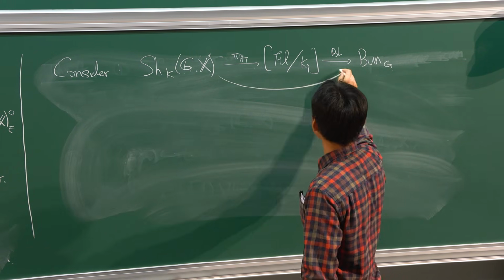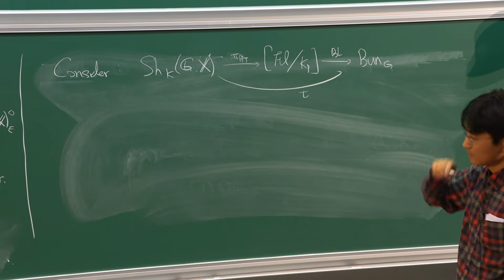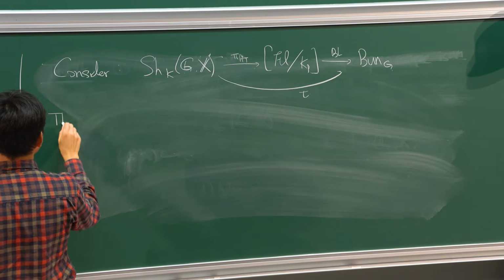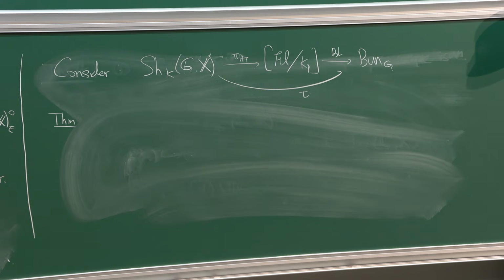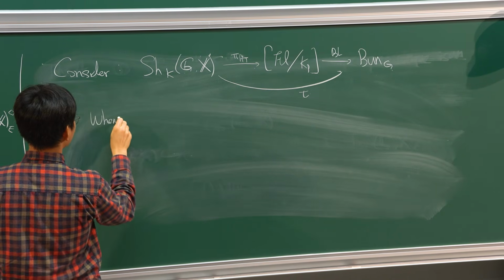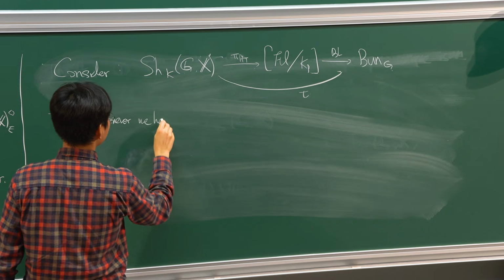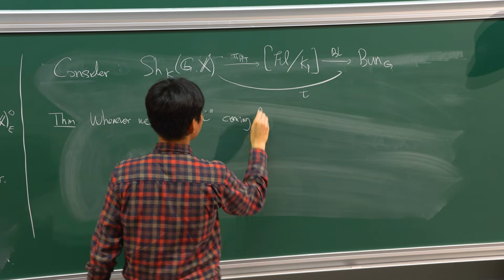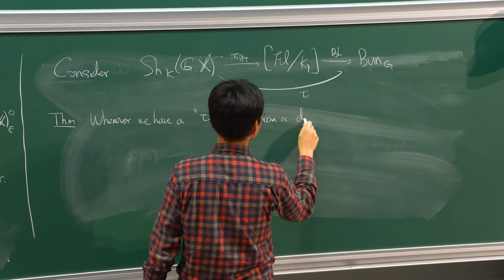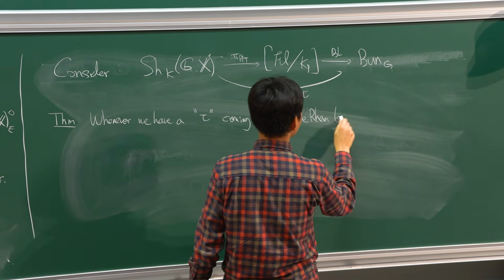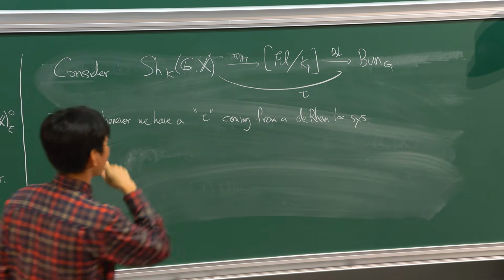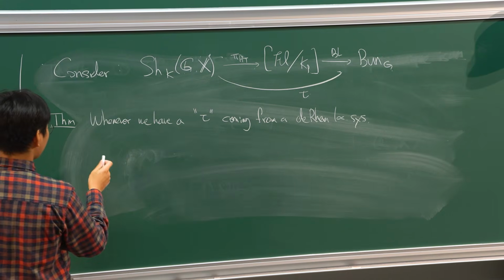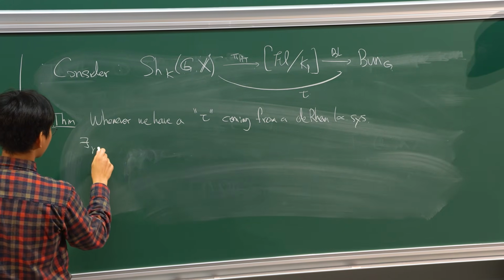Let me call this composition tau. Now the theorem I want to use is that whenever we have a tau coming from a de Rham local system, there is some kind of rigidity associated to tau. So for every rational point.